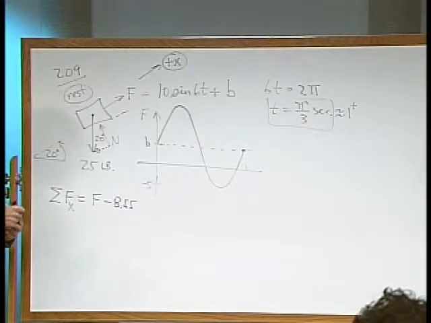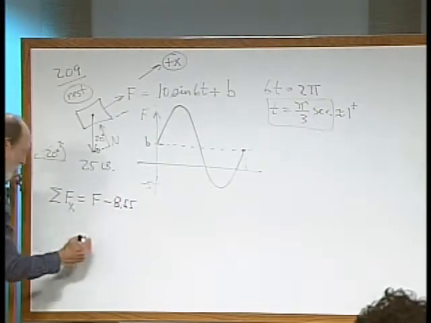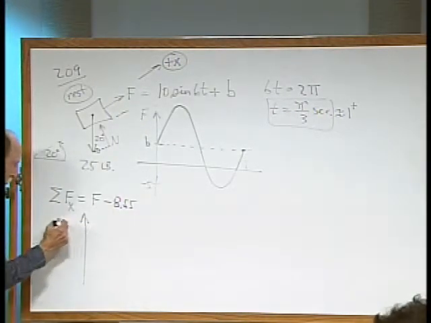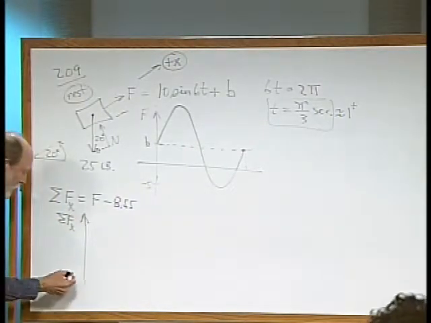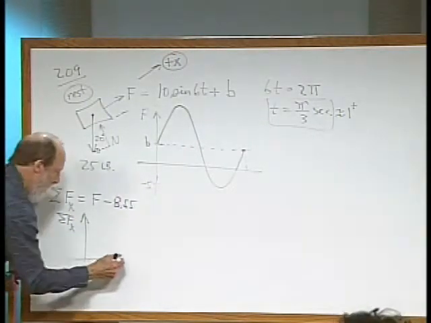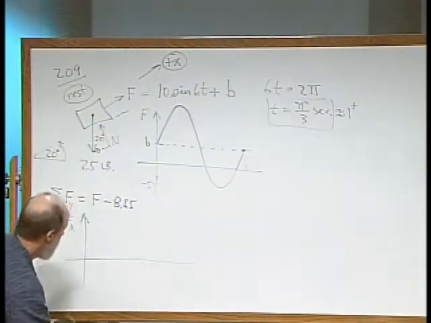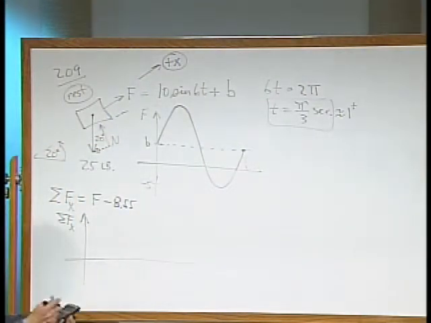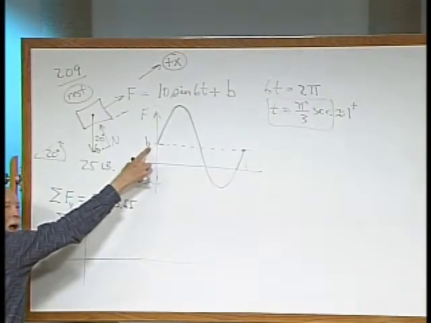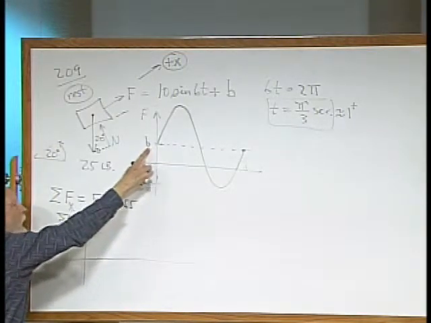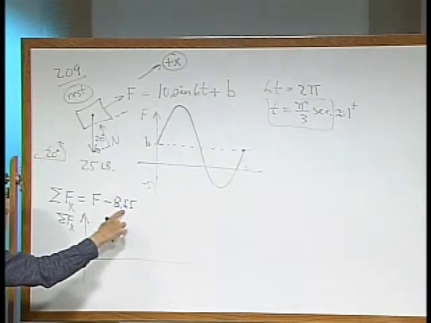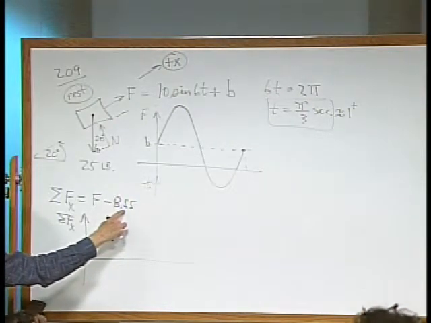Okay? So the effective impulse then, if I'm now drawing this sum of forces over time, I'm going to bring this sinusoidal axis down from B. I'm going to bring it down by 8.55, aren't I?